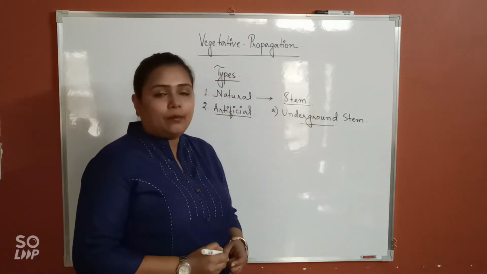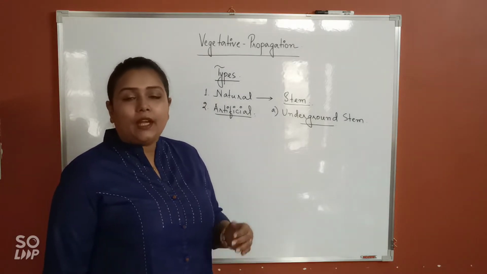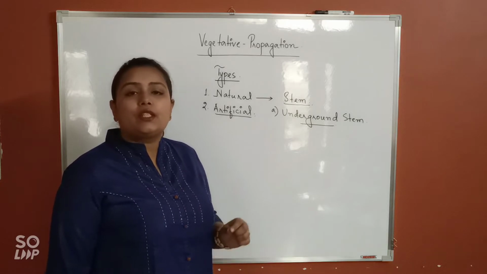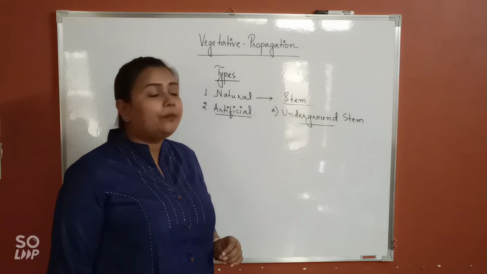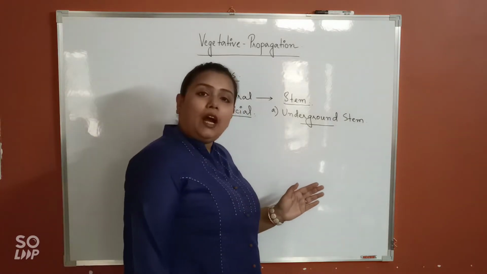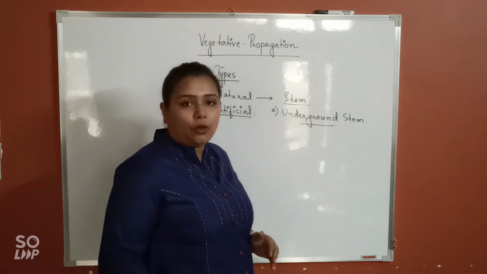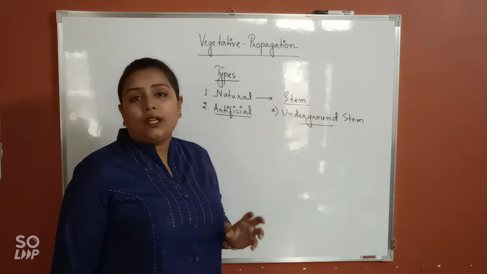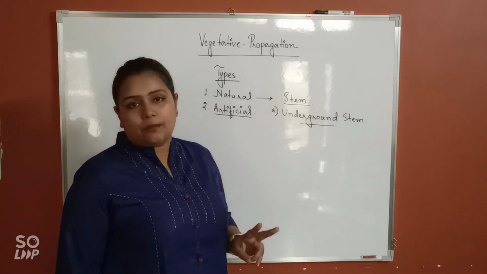So underground stems, if you remember, are non-green parts of the plant that remain inside the ground, and they are going to possess nodes, internodes, and of course buds. Right? Now, in case of underground stem, there are certain basic characteristics. That is, underground stems are going to be swollen structures because they will be performing two functions mainly.